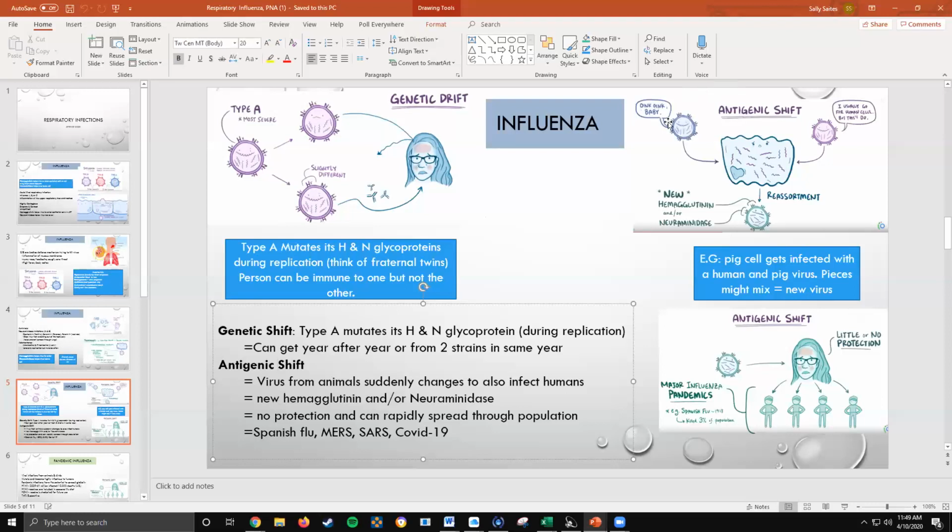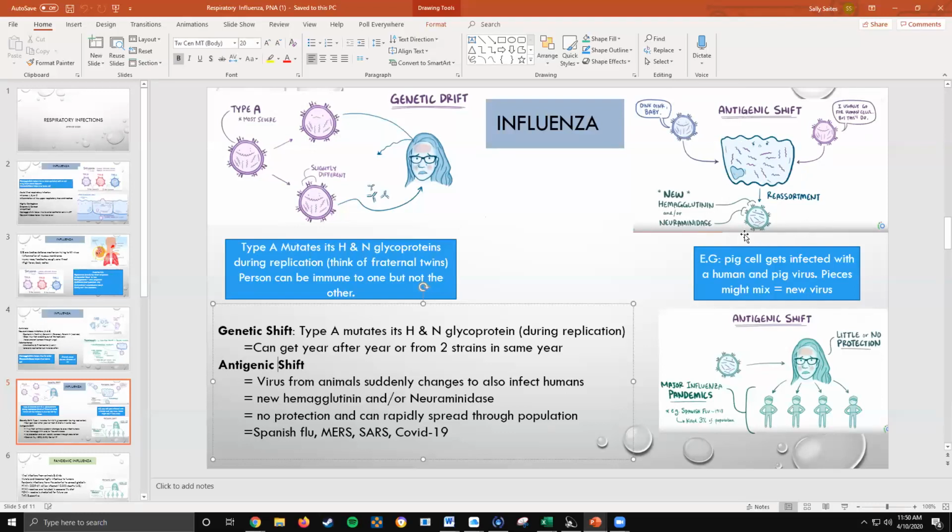And then they get an infection from another pig, and it comes into the cell. Okay, so then inside with our RNA polymerase and everything, it conjoins and it brings together a brand new virus. This is where we get our SARS and our MERS and our COVID from. Okay, this brand new virus.